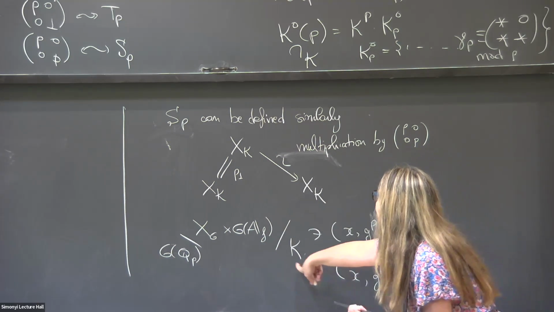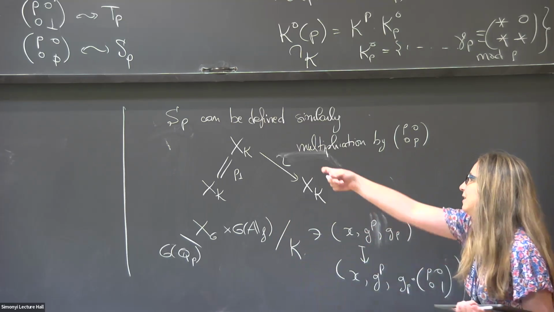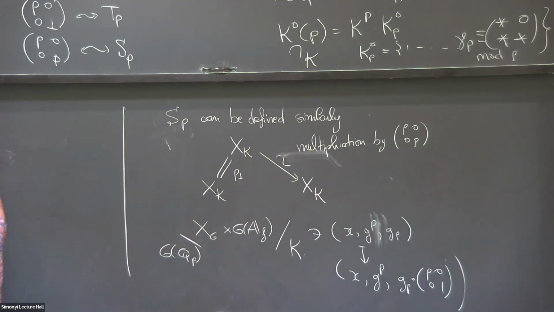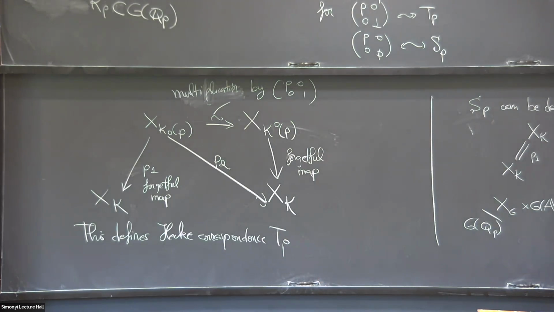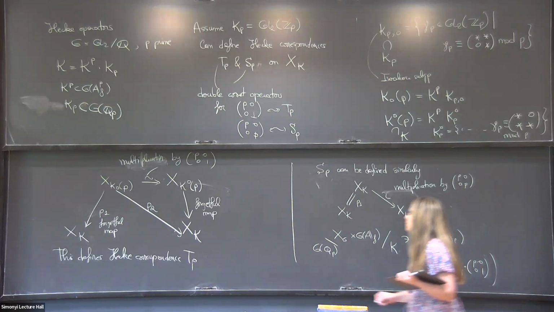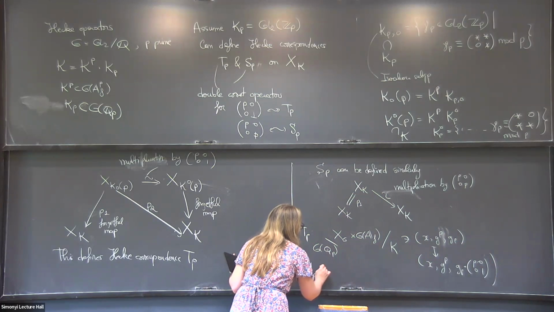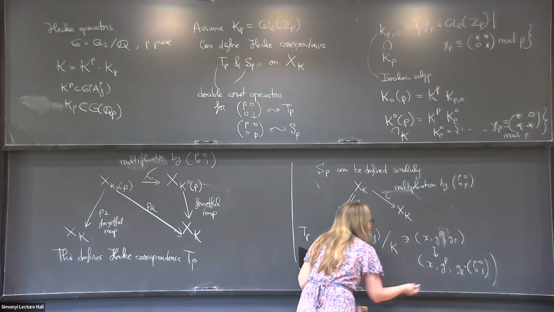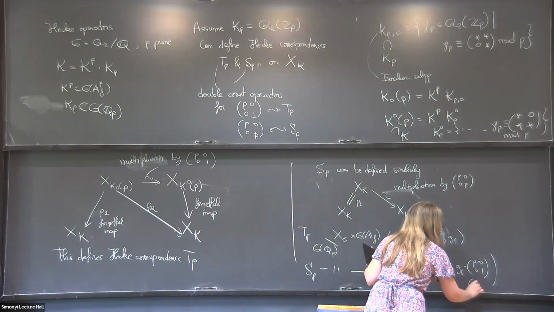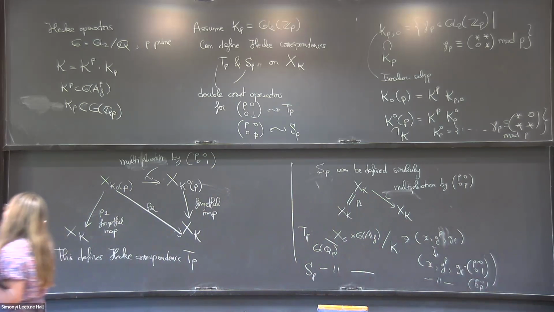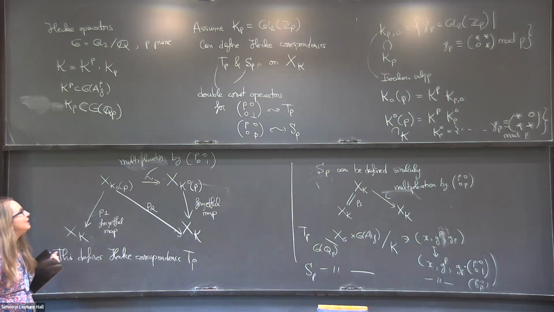If you think about it just as a K coset, then you see what this map is. If you have a K naught P coset, it will go to a K upper naught P coset. So that would be in the case of TP. And in the case of SP, it's the same kind of thing, but you just multiply by P00.